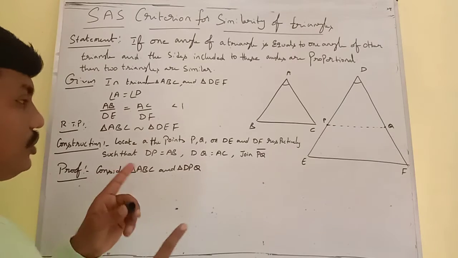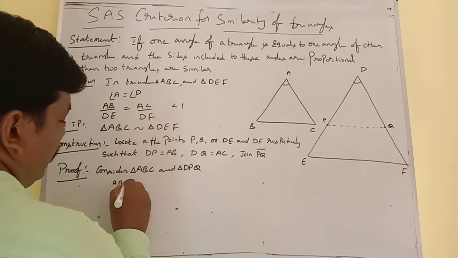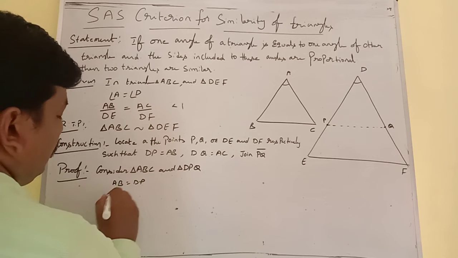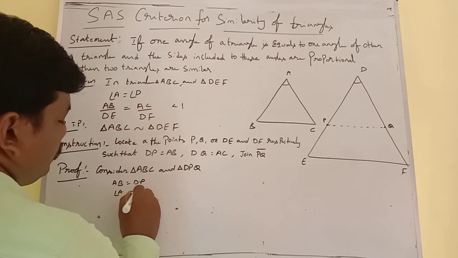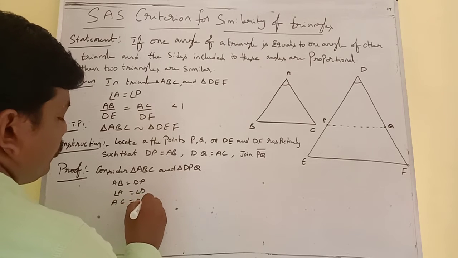In these two triangles, AB side is equal to DP side, angle A is equal to angle D, and similarly AC side is equal to DQ side.